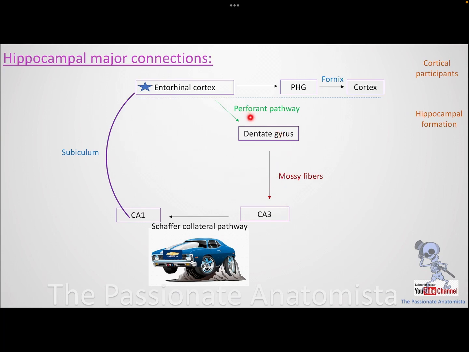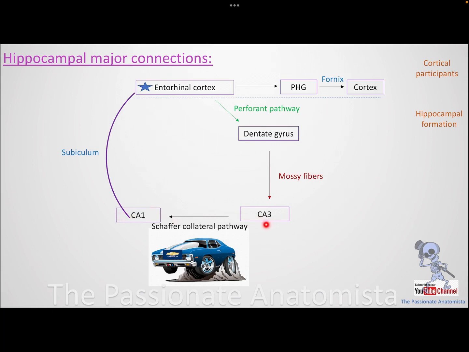All right, so with the perforant pathway, you are outside and you want your stuff to perforate into your hippocampal formation. So the perforant pathway will take the information from the entorhinal cortex to the first part of the hippocampal formation, which is the dentate gyrus. From the dentate gyrus, you need to go to the next one, which is the cornu ammonis.